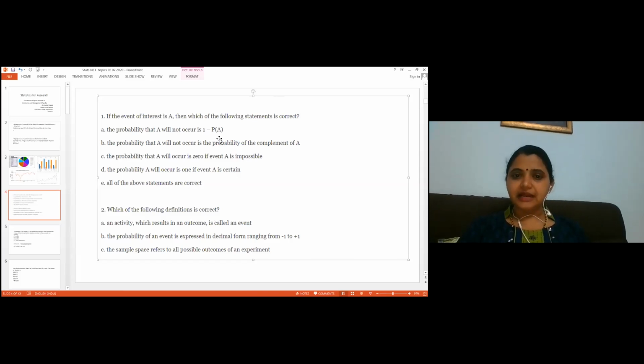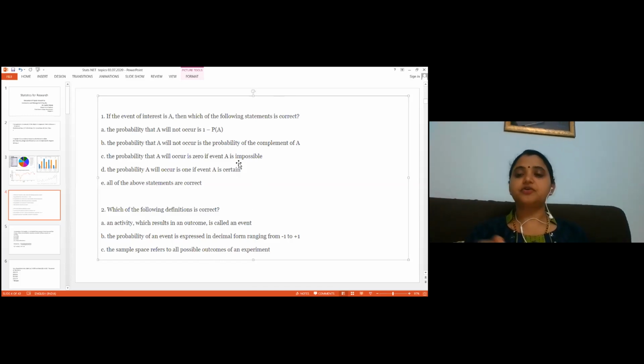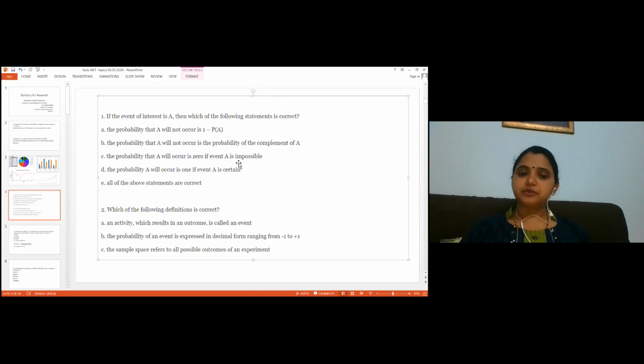If there is any clarification on this slide, you may unmute and talk, or you may put it in the chat box so that I can explain it further using a whiteboard. Otherwise, I hope you have understood that the first question's answer is E and the second question's answer is C, and I have justified why. I hope I can proceed since I am not finding any queries.